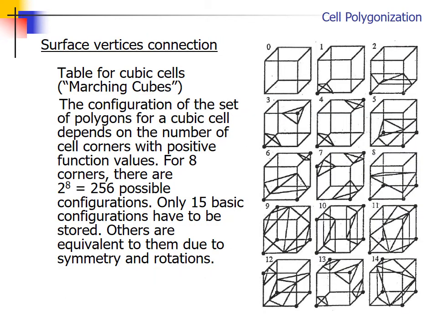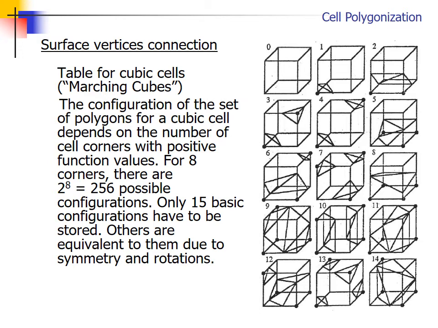Let's consider the lookup table for the surface vertices connection. The configuration of the set of polygons for a cubic cell depends on the number of cell corners with positive function values. For 8 corners there are 256 possible configurations, but only 15 basic configurations have to be stored.